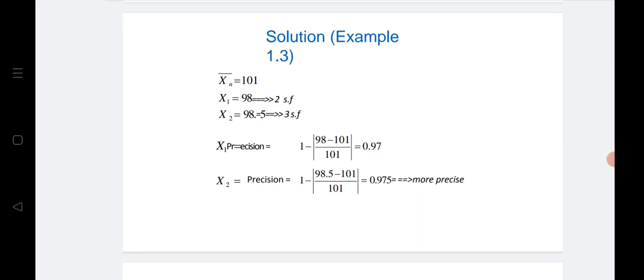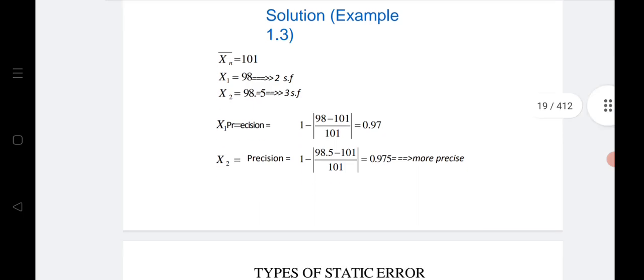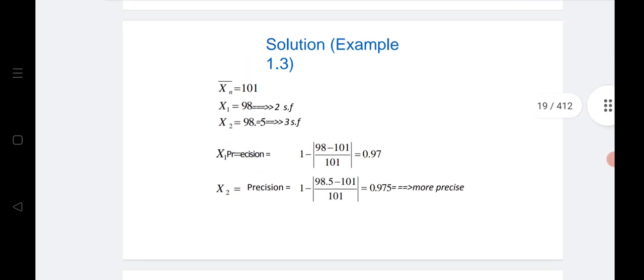In the same way, x2 is also calculated: precision is 1 minus (98.5 minus 101) by 101, so you have got 0.97 or 0.975. So if you see here, x1 has the less precision and x2 has the more precision. In this way you are going to calculate the precision.